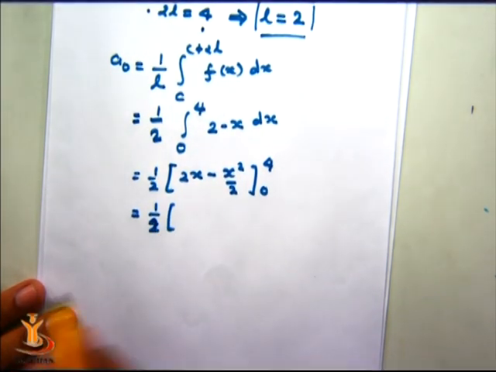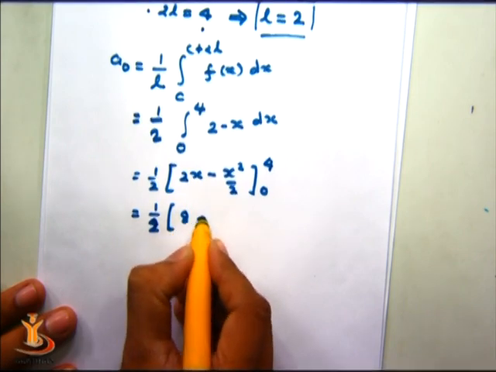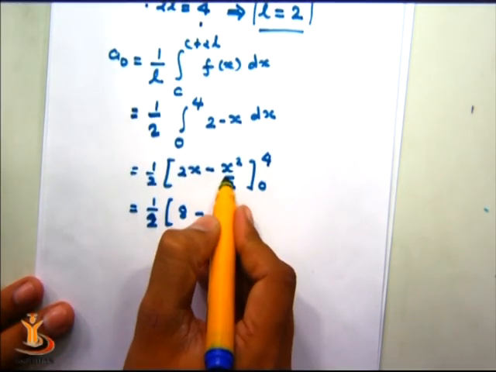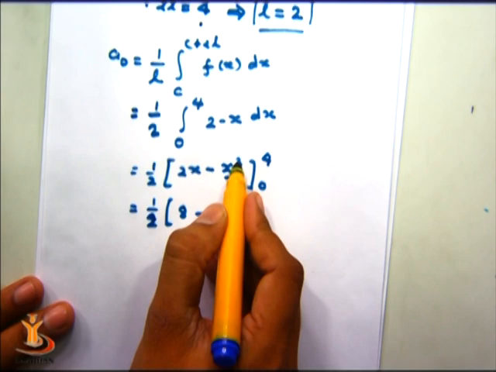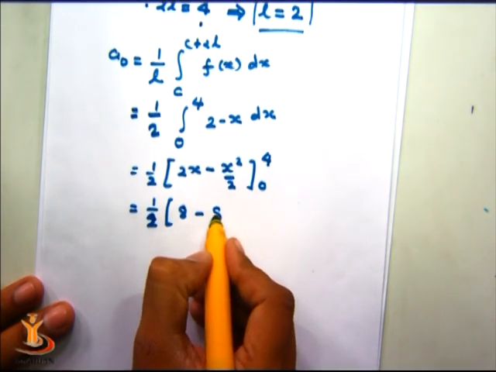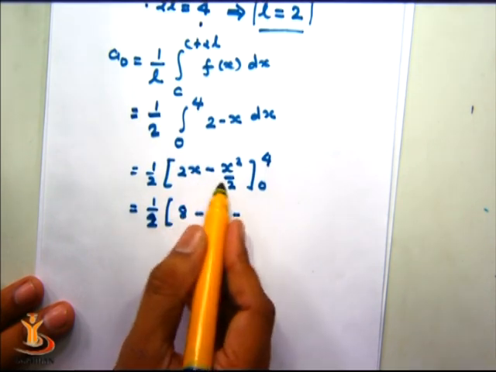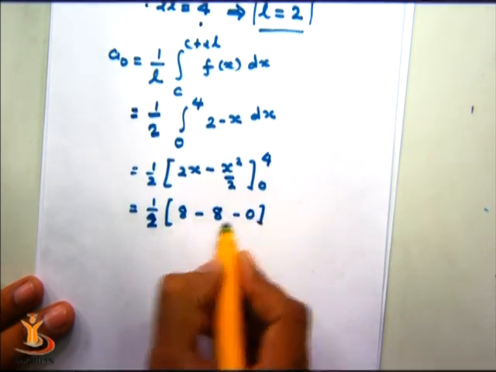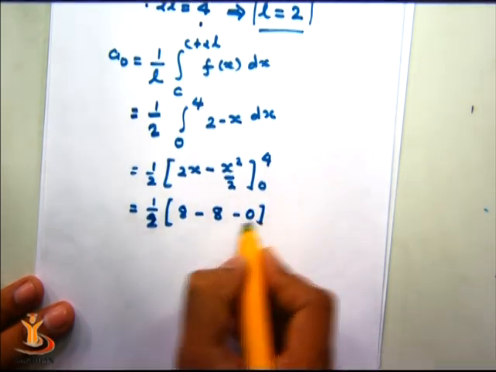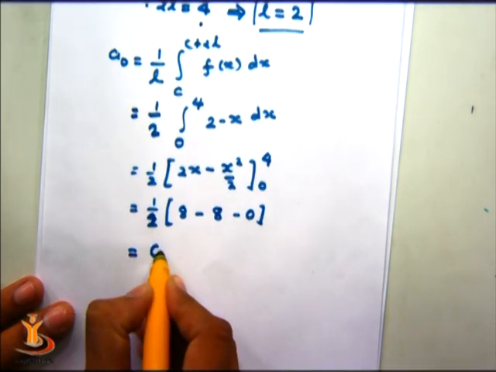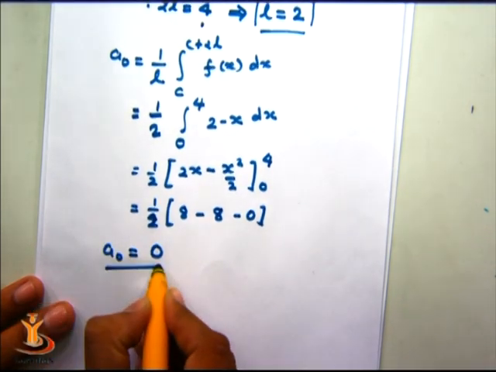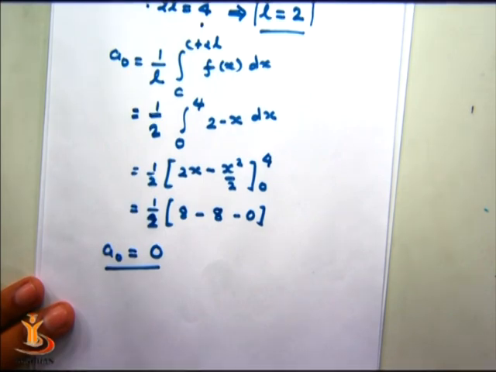For x equal to 4, that is 8 minus 4 square, 16 by 2, it is again 8, minus lower limit 0. Now 8 minus 8 is 0, so here we can say that the value of a0 is 0 for this function.